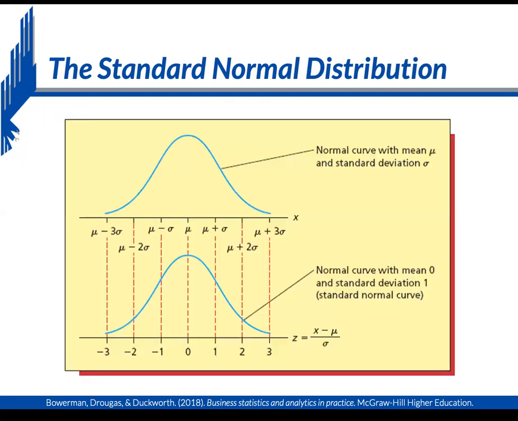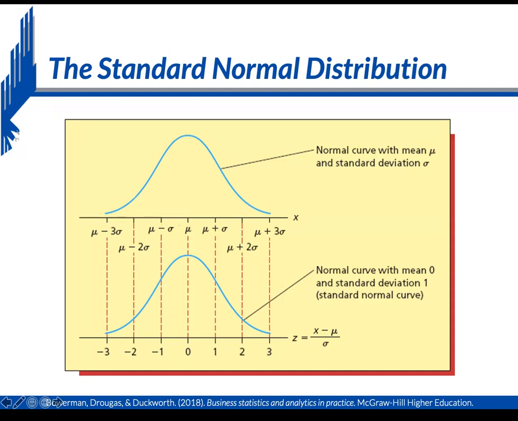So visually, this is another way to show what happens when we standardize normal distributions. If this is your normal random variable x, the value at the center is the mean. But when we convert x to z, the standard normal distribution, the center becomes 0.